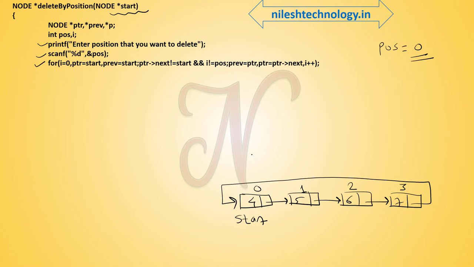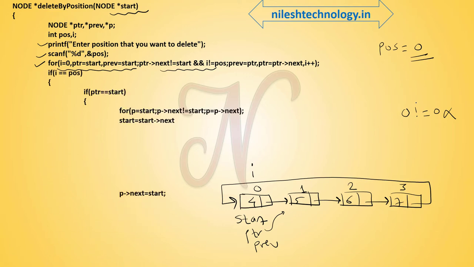Here for i equal to 0, this is your i, ptr equal to start, then prev equal to start. This is the initialization statement. Then the condition is ptr of next is not equal to start, true, and i is not equal to position, 0 is not equal to 0, false. So here we break this loop.